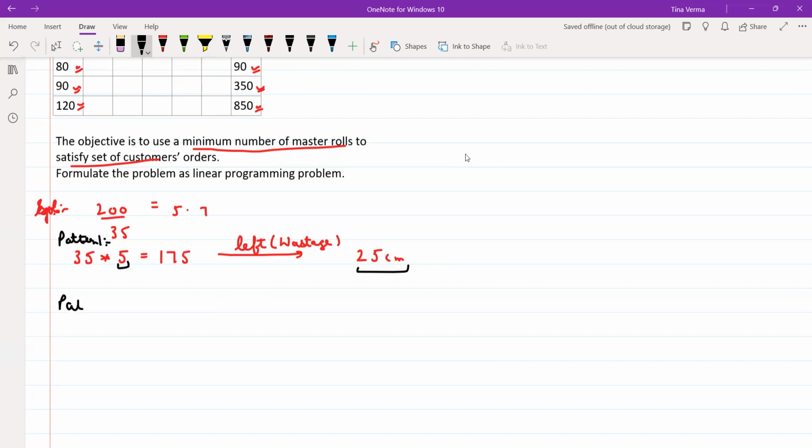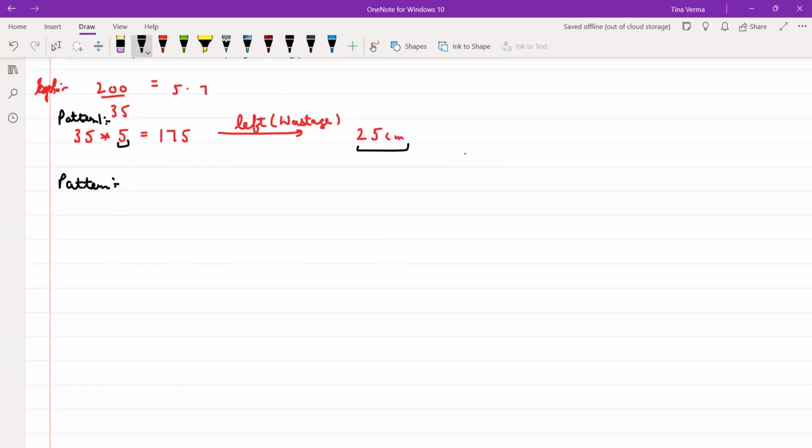The next pattern can be, we can reduce the number of 35 centimeter rolls and we will increase the other rolls also, right? So if I cut 35 centimeter roll as 4 rolls, so that I am using 140 सेंटीमीटर. तो आपकी वेस्टेज कितनी हुई, 60 सेंटीमीटर.